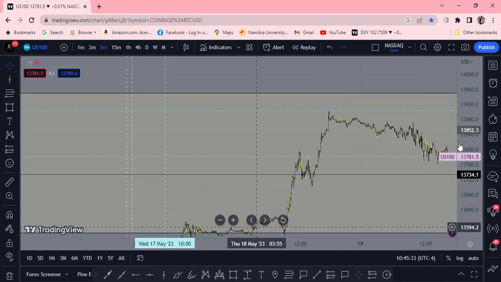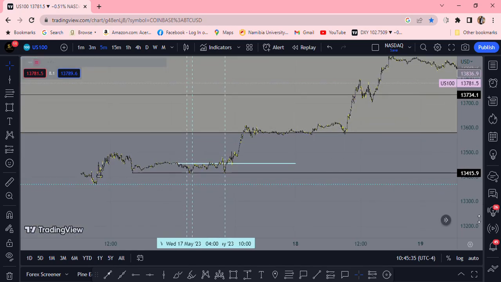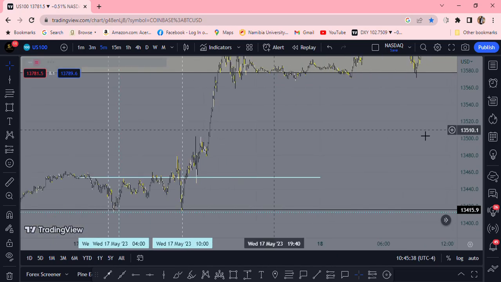I'm just giving an example for guys who trade the London session for the ICT silver bullet.